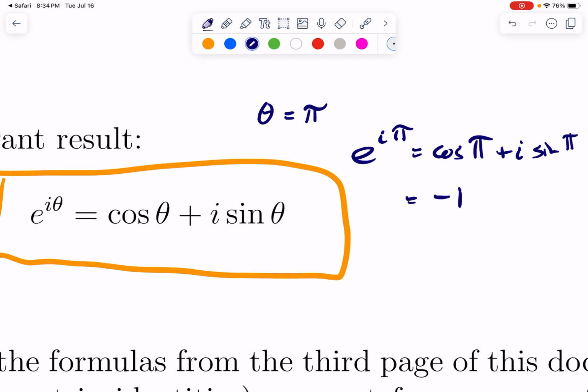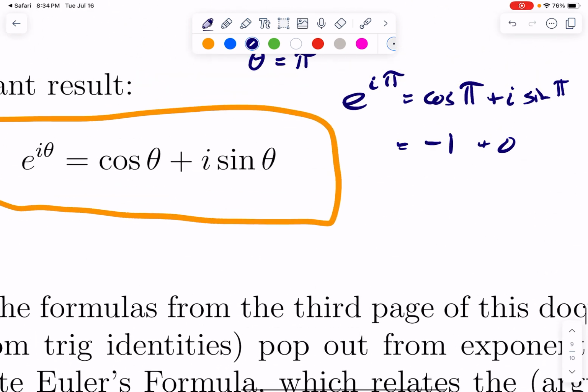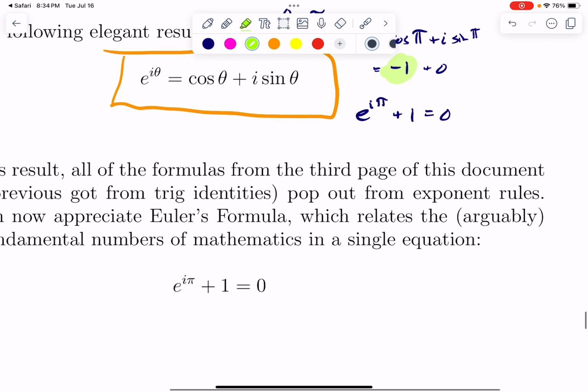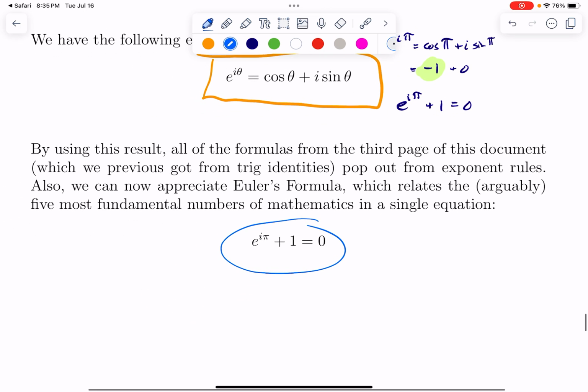Cosine of pi is the number -1. Sine of pi is 0, so this part is just 0. And this is sometimes rewritten as e to the i pi plus 1 equals 0. Just moving this -1 to the other side. Maybe you have seen this formula before.